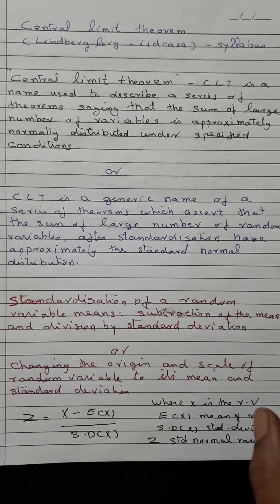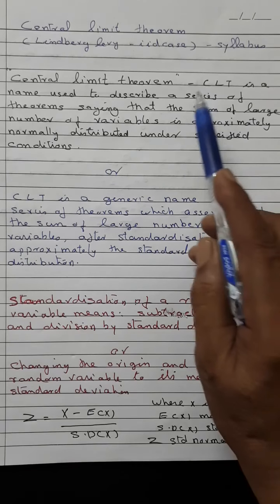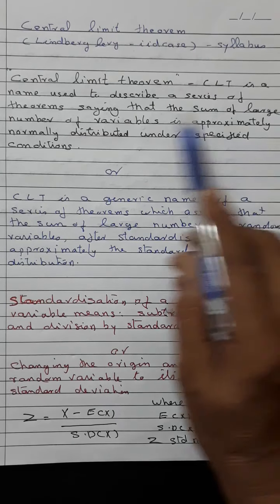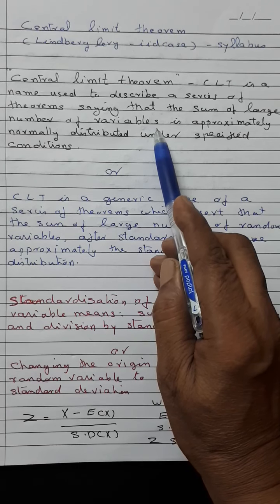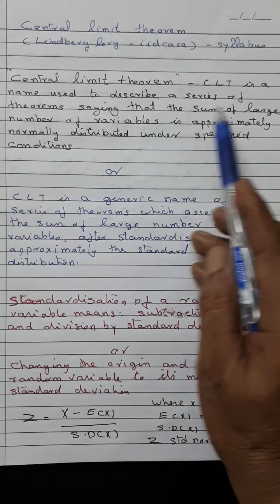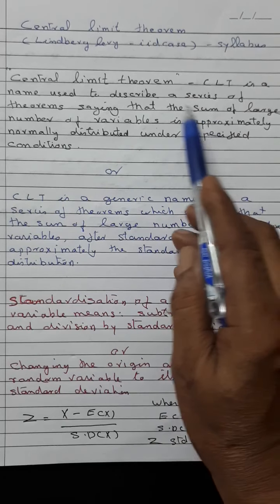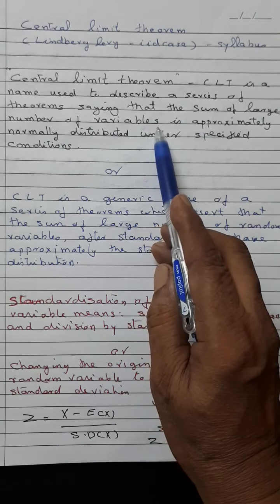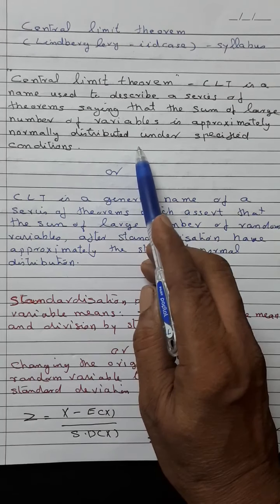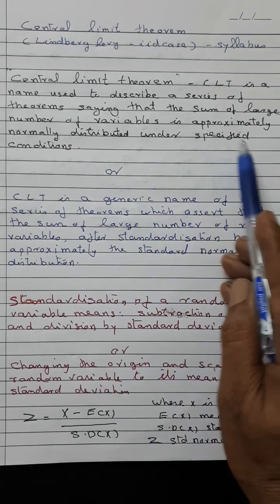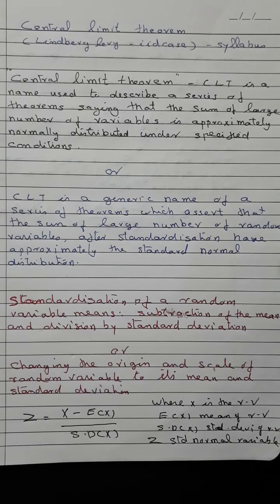So, in the central limit theorem, we are thinking about the behavior of the sum of a large number of variables. Whatever be the nature of a single random variable, the sum of a large number of random variables is approximately normally distributed under specified conditions. That's why the central limit theorem has very good importance in statistics.